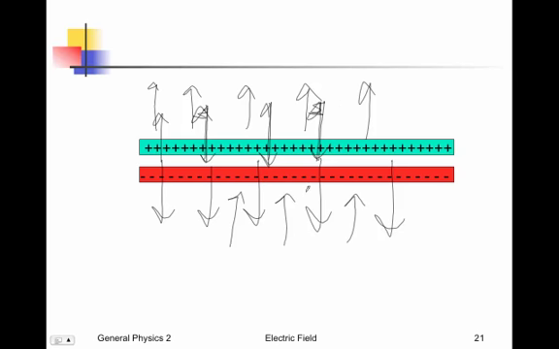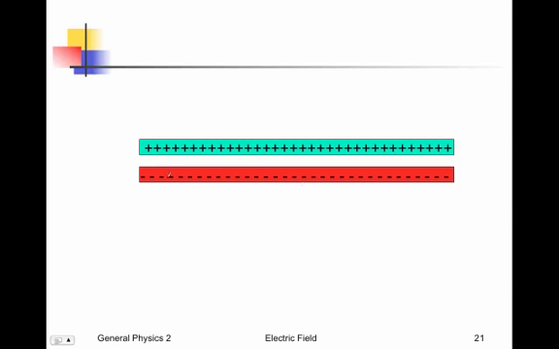But what about in between? If I think about in between, I have the electric field that looks like this, and I also have the electric field pointing this way towards the negative plate.